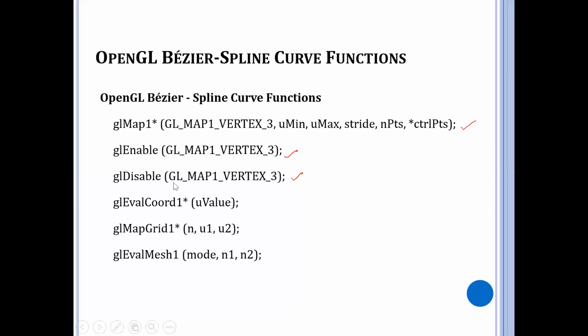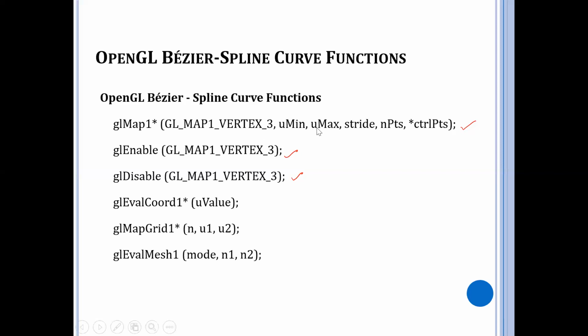Once my task is done, I will have to deactivate the routine by using glDisable. Now, here I have put a star. It indicates a suffix of F or D, here glMap1, F or D, used to indicate either. If I use F, it becomes a floating point value, or D, which indicates double precision for the data values.